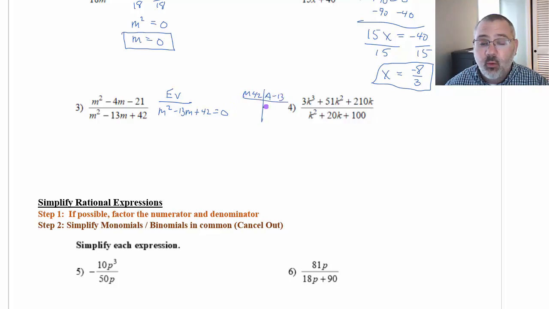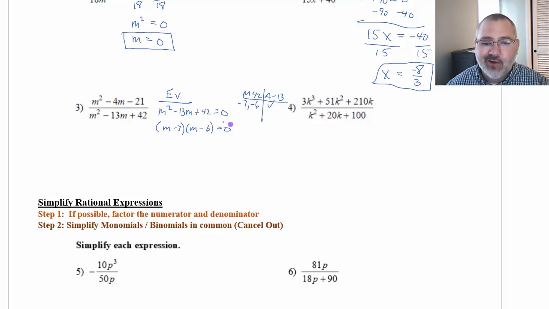And hopefully you see why we did last week talking about factoring. So if we have two numbers that multiply to give you 42 and add up to give you negative 13, they would be negative 7 and negative 6. So this factors into m minus 7 and m minus 6 equals 0.